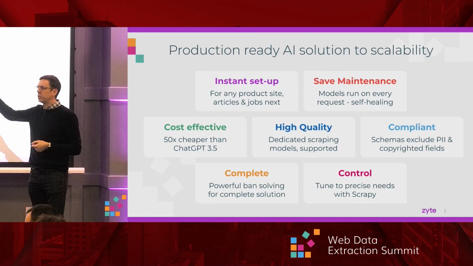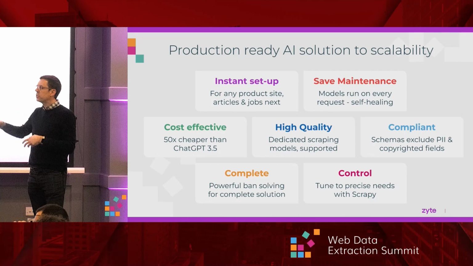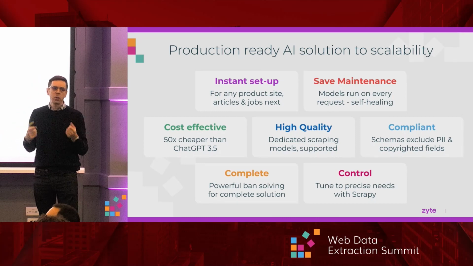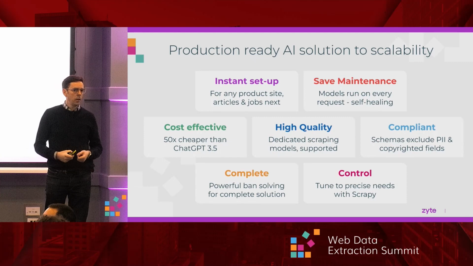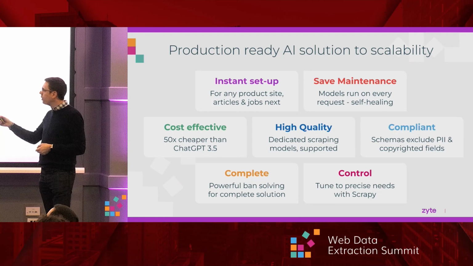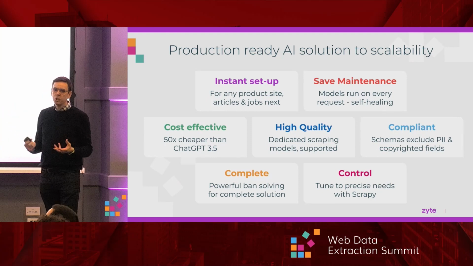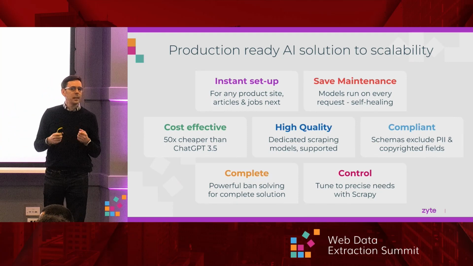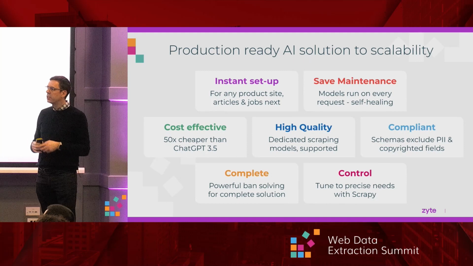And the top two are just absolutes. To hit our goal of allowing us to scale faster, it's got to be saving us more time. And we've seen today with the first demo an instant setup. And because this approach is much cheaper than large language models, it allows it to be run on every page. So rather than generating static code, it's dynamic.